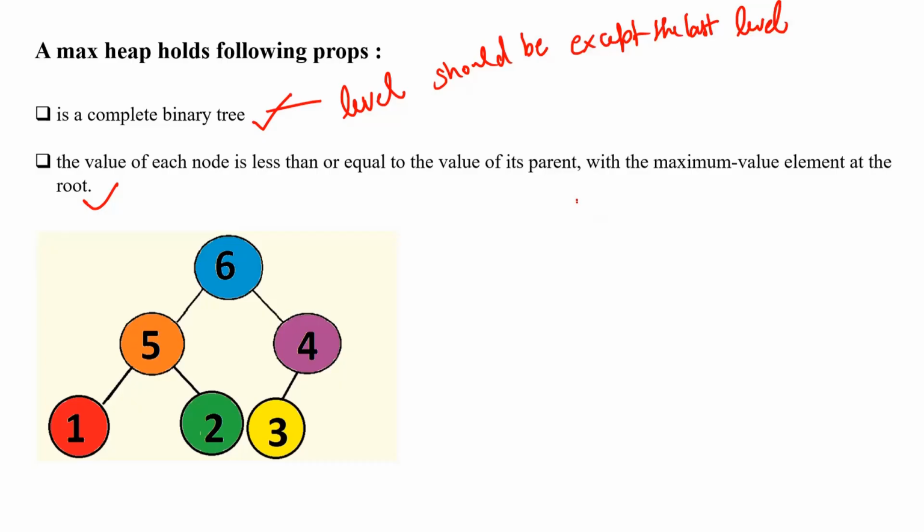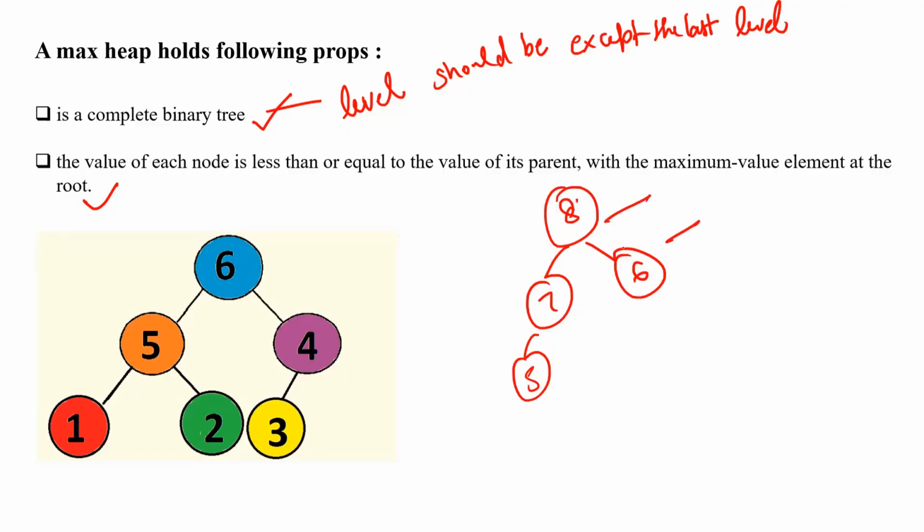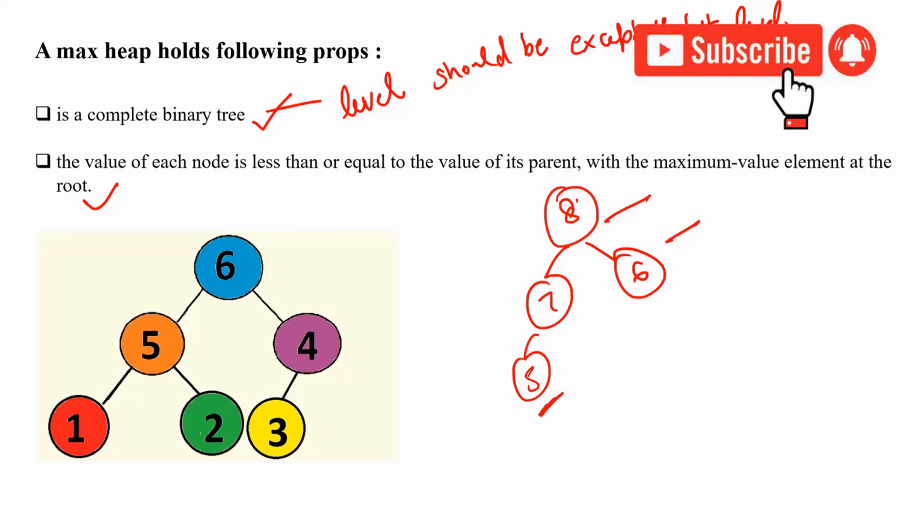For example, this is a tree like 8, 7, 6, 5. Is this a complete binary tree? Yes, it is, because you can see all the levels are completely filled, and there's an exception with the last level. If it is filled, then that's fine. If it is not filled, even then it would be considered a complete binary tree. And you can see we're starting filling from the left side. So yes, it is a complete binary tree.